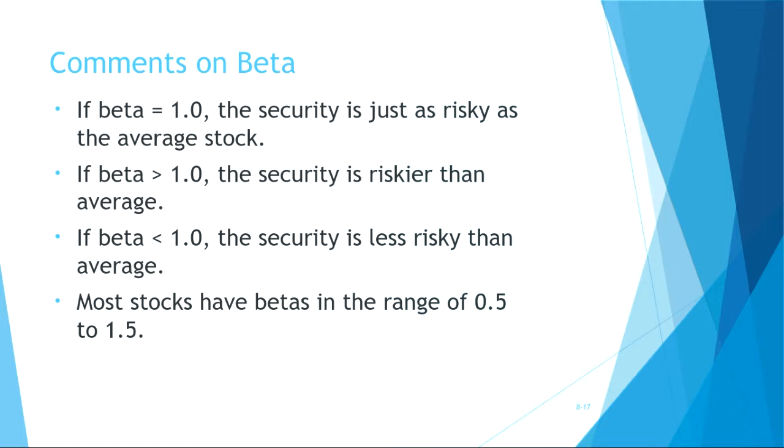As I told you, it might be equal to 1, the same as the market. If it is higher than 1, then it's riskier, more volatile than the market. Less than 1, then it's less volatile than the market. Most betas are in the range of 0.5 to 1.5.